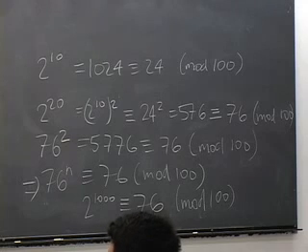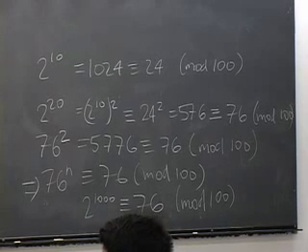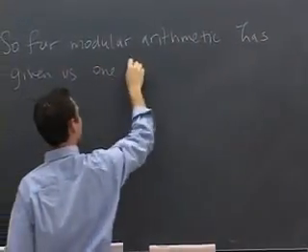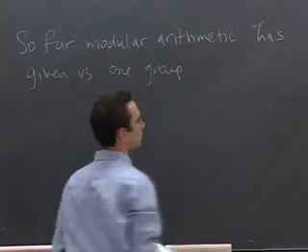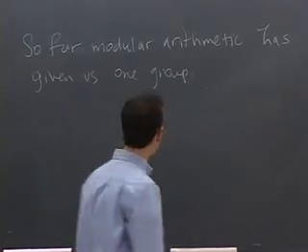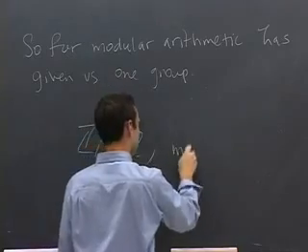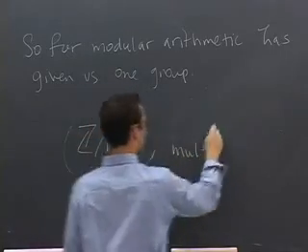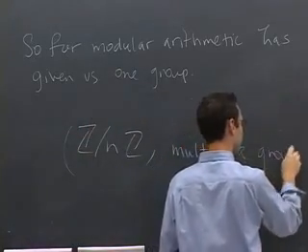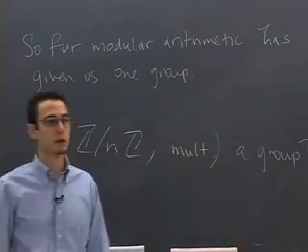So far, modular arithmetic has given us one group. Is Z mod NZ with the multiplication a group? Somebody?